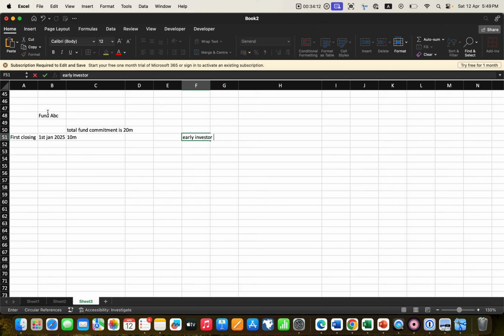Now the second closing happens on 1st July 2025 with 10 million, because the fund's total commitment is 20 million. So we can see the late close, or the late investor.